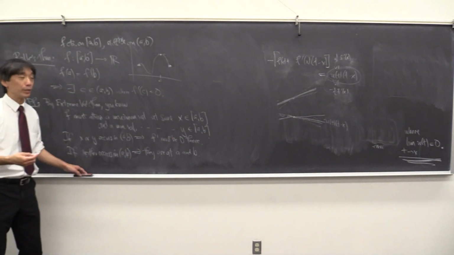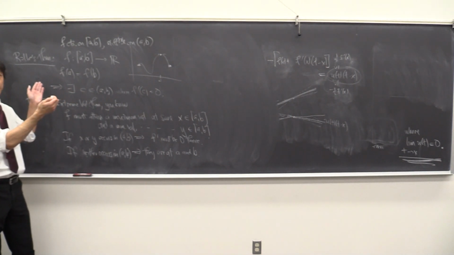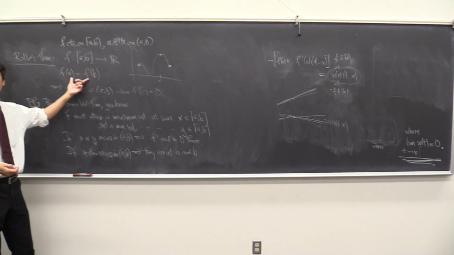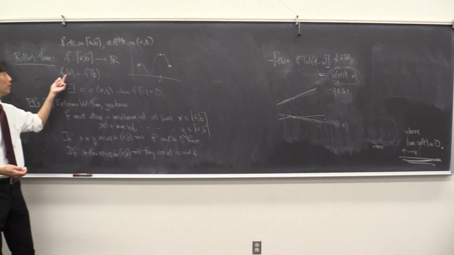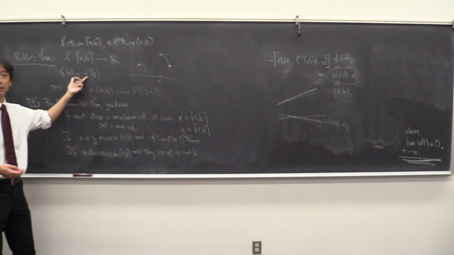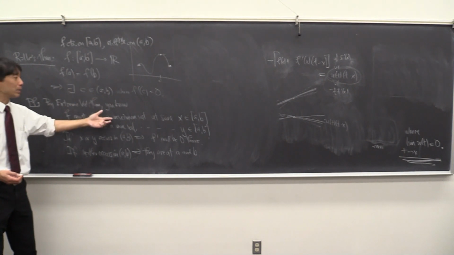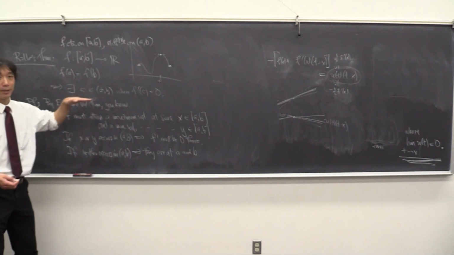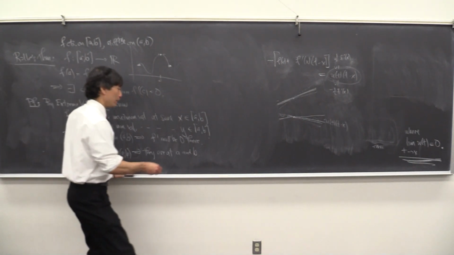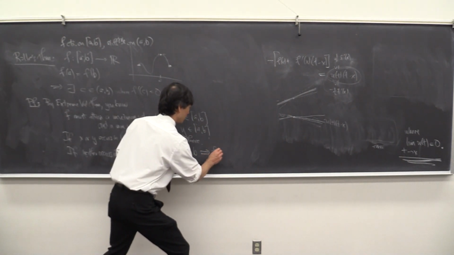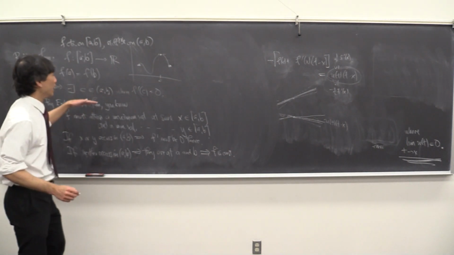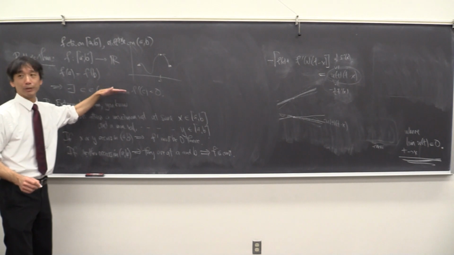If they're not in the interior, they must be at those endpoints. But if they're at the endpoints, what does that tell you? That they are equal to each other. That means the maximum value and the minimum value are equal to each other, which means it's flat. So f is constant, and you definitely have points where the derivative is 0.